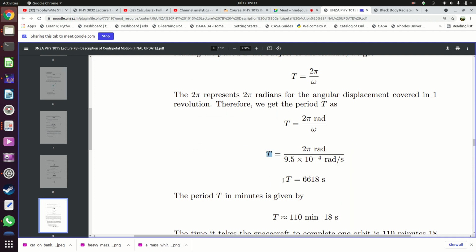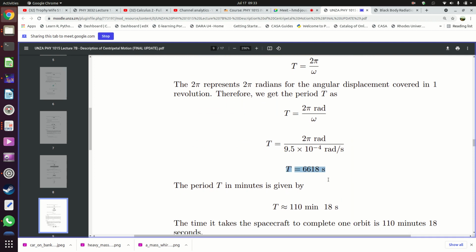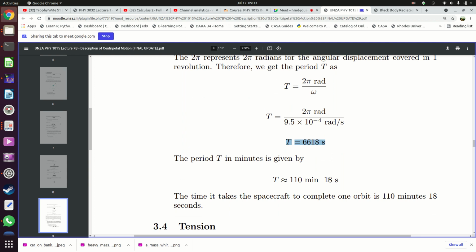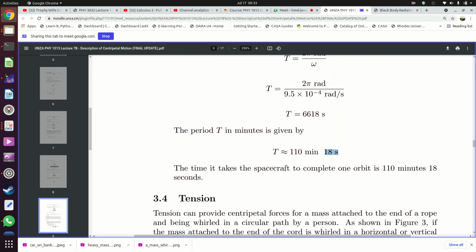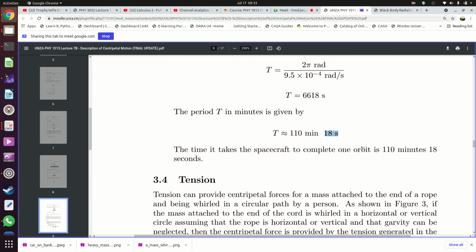Then you end up with a period equal to 6,618 seconds. This 6,618 seconds in minutes is 110 minutes and 18 seconds. So it's going to take our spacecraft 110 minutes and 18 seconds to complete an orbit at that particular height, at 20,000 meters above the moon.